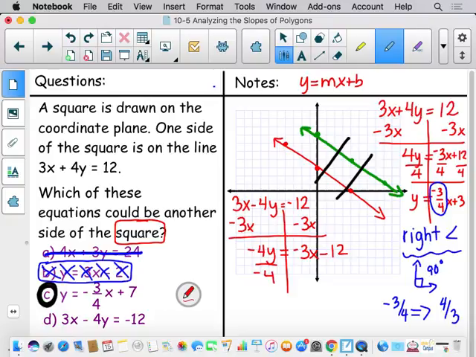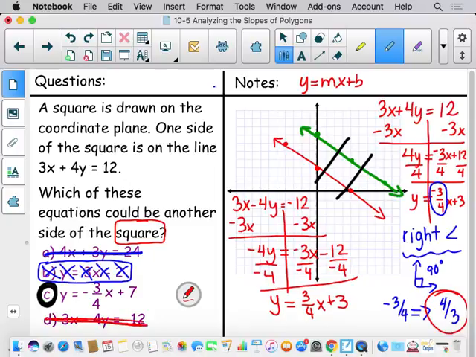Divide by negative 4. So y equals, a negative divided by a negative is a positive, so positive 3/4 x plus 3. So my slope on this one is positive 3/4. It didn't give me what I was looking for, which was a positive 4/3. So my slope isn't perpendicular, and it also isn't the same, so it isn't parallel. So that one's not going to work either. So I've checked all of them, and the correct answer is letter C.